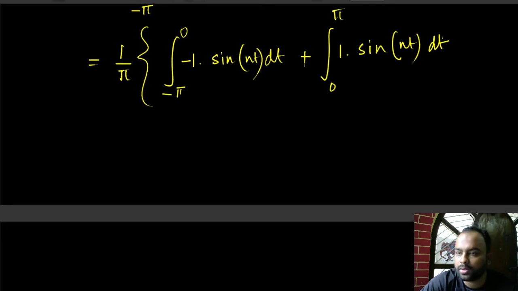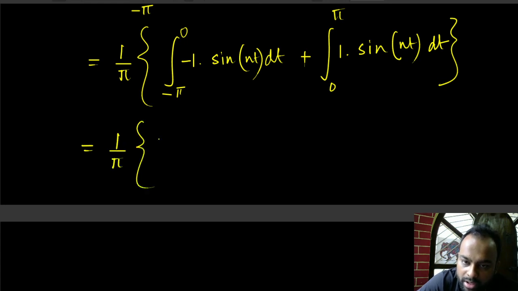Now if I do this integration, I have minus, and the integration of sine nt, all of you know, is minus cos nt divided by n. So this minus sign actually cancels out.